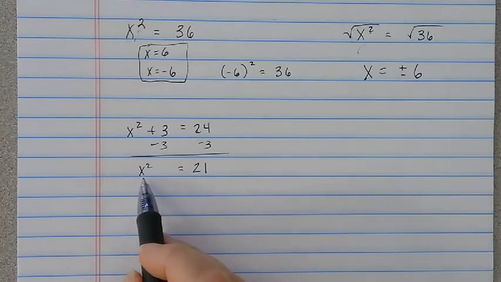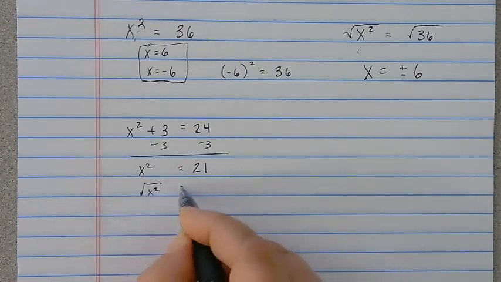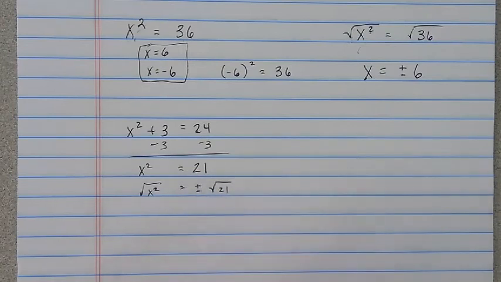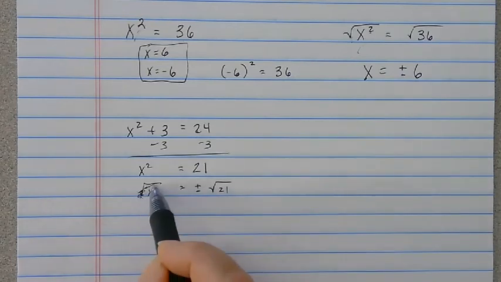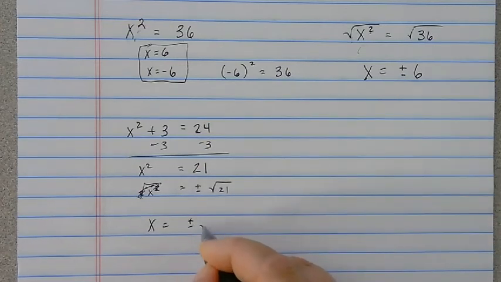And then I want to get x by itself, so I'm going to square root this side, and I'm going to square root this side. And when I square root this side, I know that I'm going to have the plus or minus version. So the square and the square root undo each other, so I get x equals, and I don't know what the square root of 21 is, and it doesn't simplify, so I'm going to leave it as plus or minus square root 21.